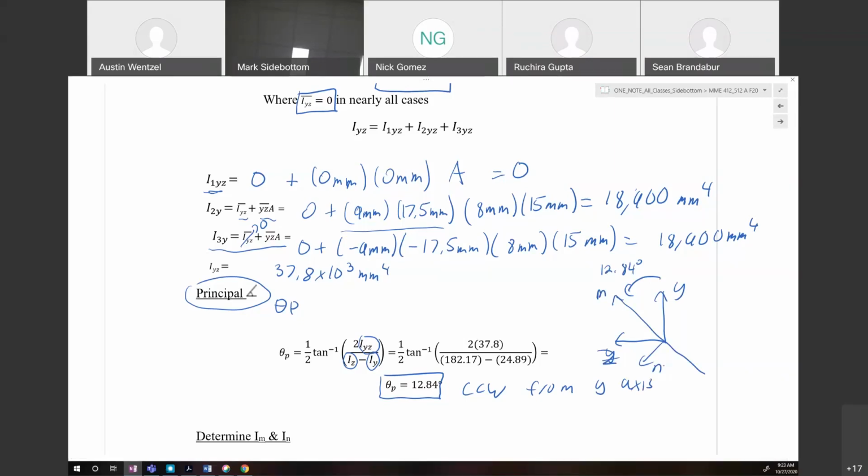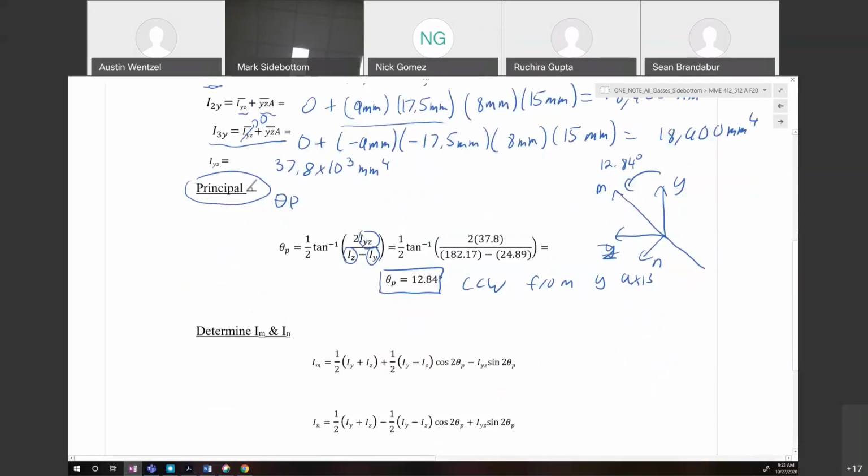So once we have theta p, we can then plug in our values of IY, IZ, and IYZ into the following equations to solve for IM and IN. So if we do that, we're just plugging in the values, and we have theta p as well.